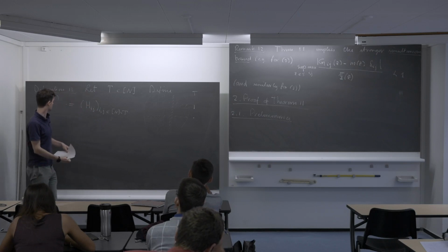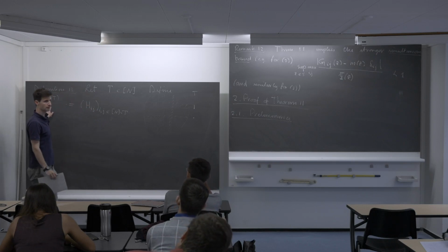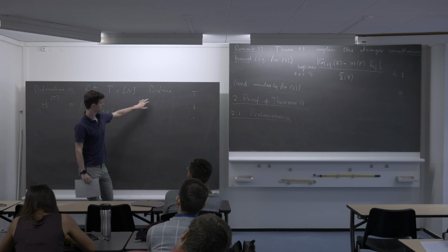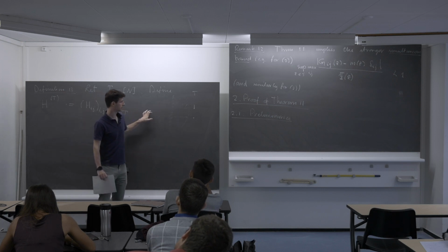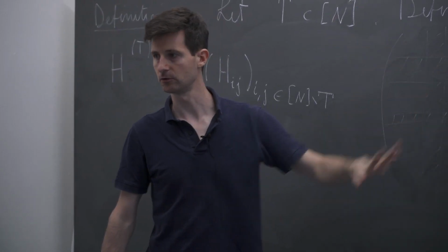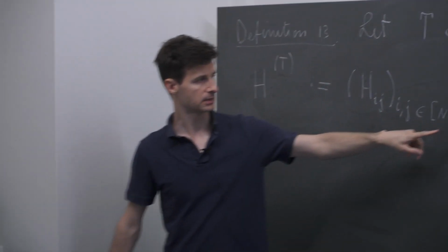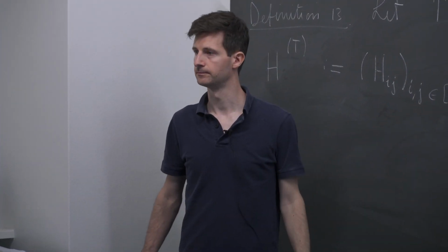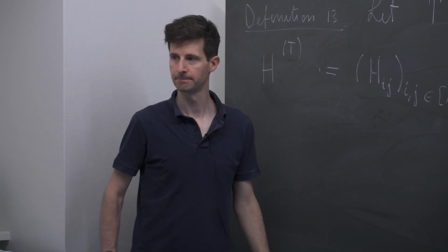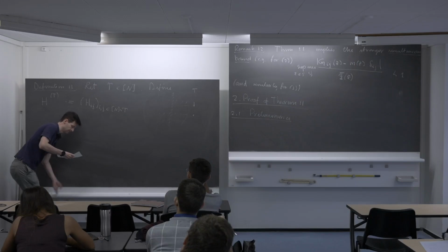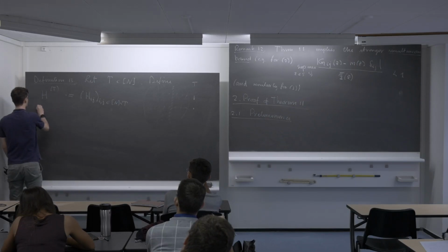Okay, so this H is going to be a new square matrix, which is only these white areas. What remains in the white areas after you remove all rows and columns indexed by the set T. Okay, so this is the definition of H^(T), and then I will define the Green function.